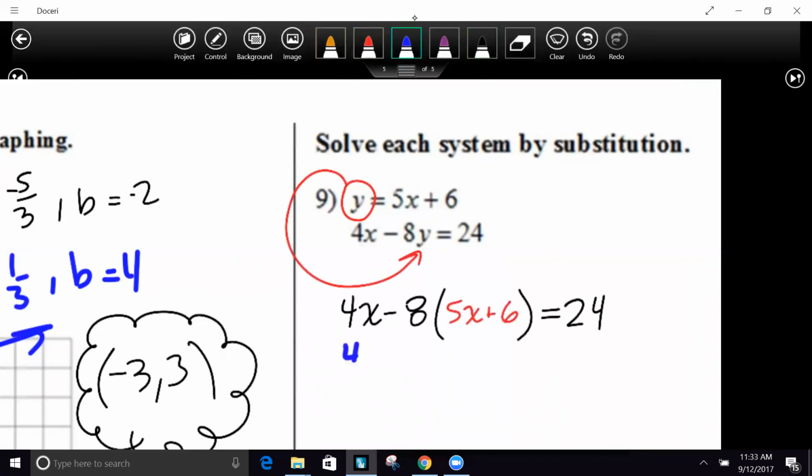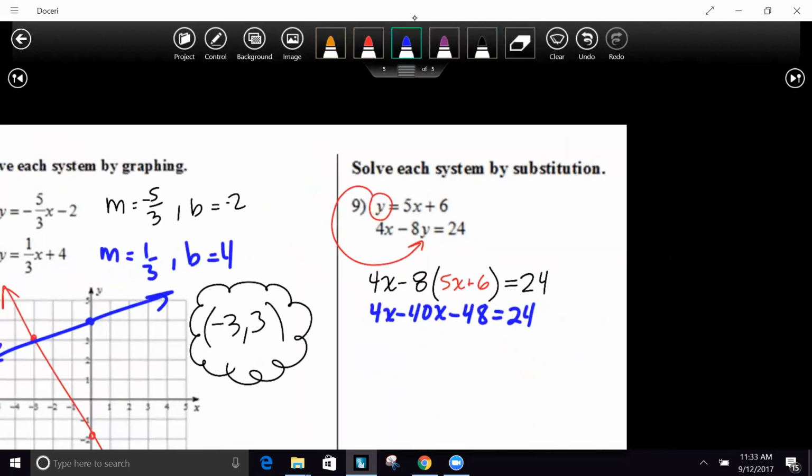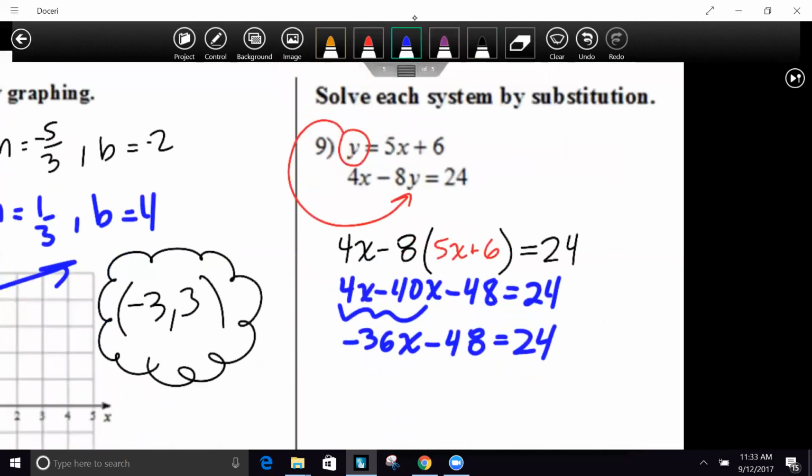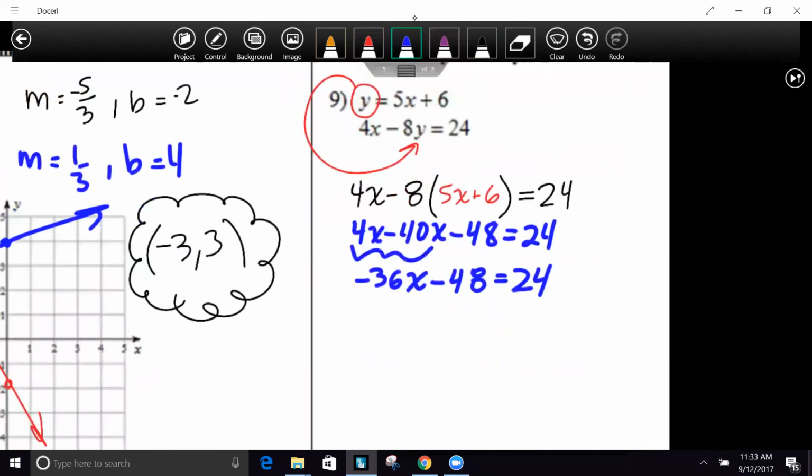Solving it out, 4x minus 40x minus 48 equal to 24. I'm going to combine like terms, giving me -36x minus 48. Does it help that I write these out a little bit? Simplifying one step further, we're going to get -36x is equal to what? 72.